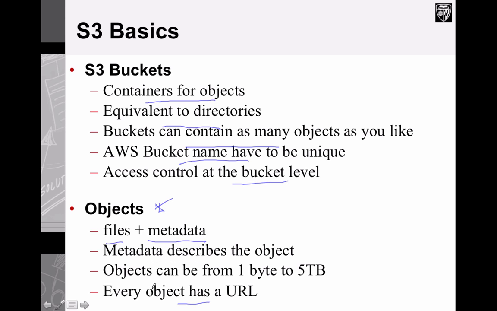It has things like who uploaded the file, who the owner of this file is, and what its permissions are for that object. The smallest object can be 1 byte, and the largest object that you can upload is 5 terabytes. And every object that you upload to S3 gets a URL. You can access these objects using either an HTTP URL or an HTTPS URL.